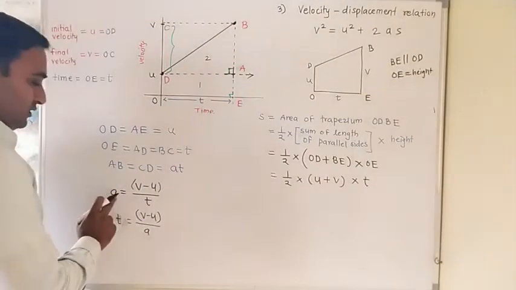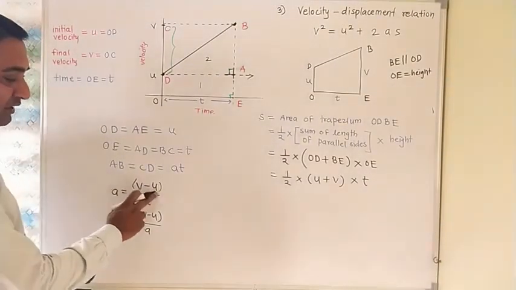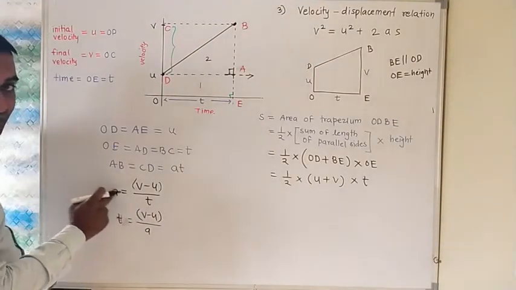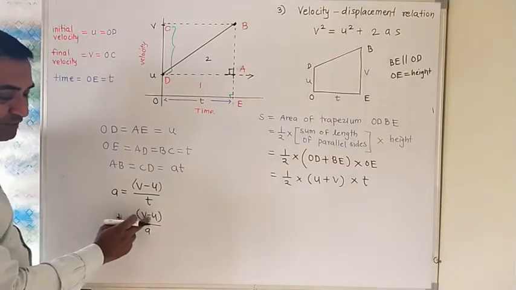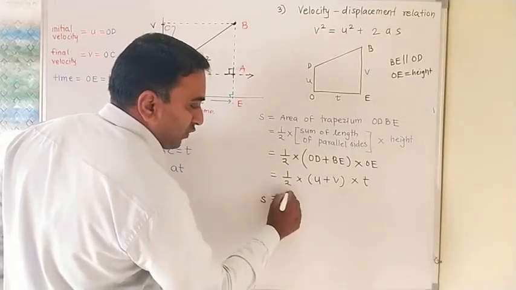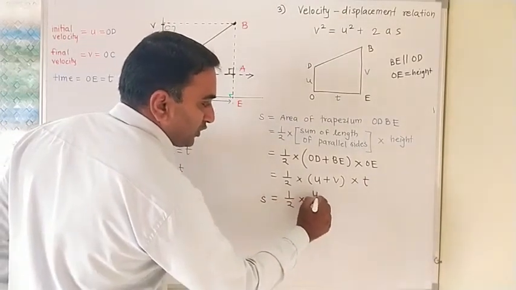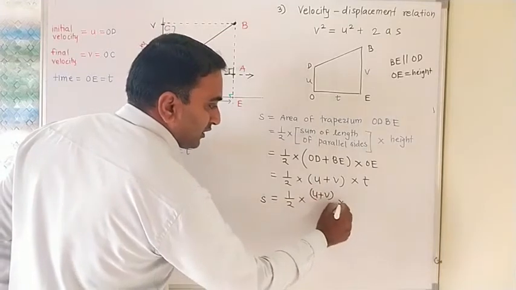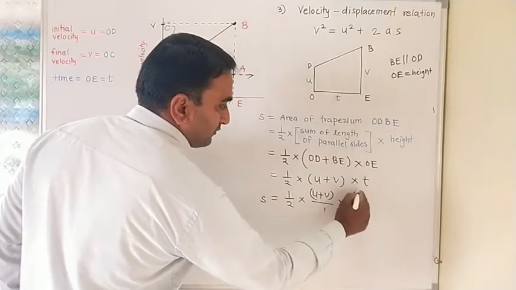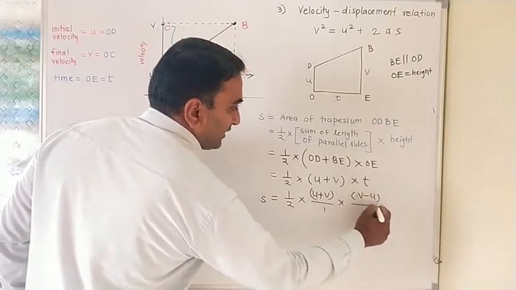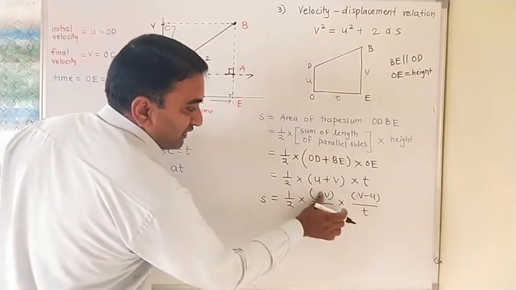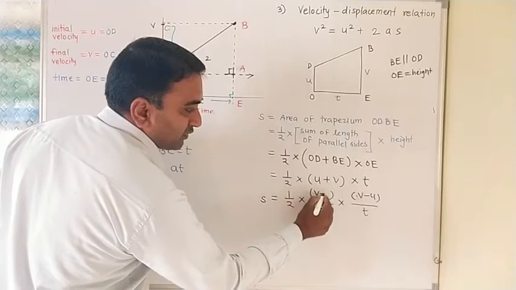So come here. So what is acceleration? Acceleration is equal to V minus U divided by T. So if you want the value of T, T is equal to V minus U divided by A. So here in the formula, 1/2 into U plus V into T, where T is equal to V minus U divided by A. So U plus V, shall we convert it like this, V plus U?